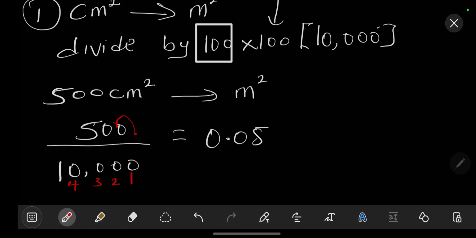This is 1, this is 2, this is 3. 3 has created 1 zero here. If you move it 1 more, we'll create 1 more zero. That's 4. That will go to 0.05, and you're going to discard the other zero. So your answer becomes 0.05.